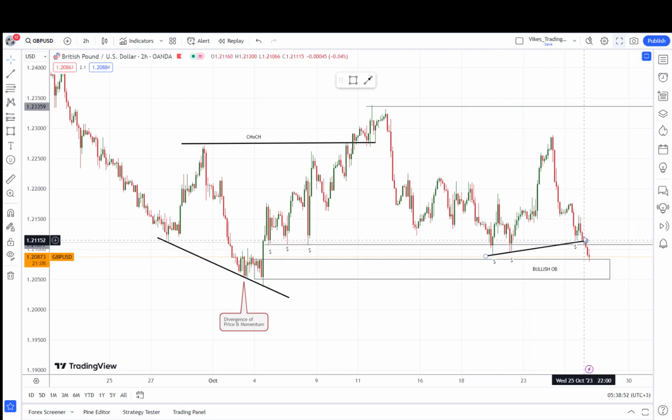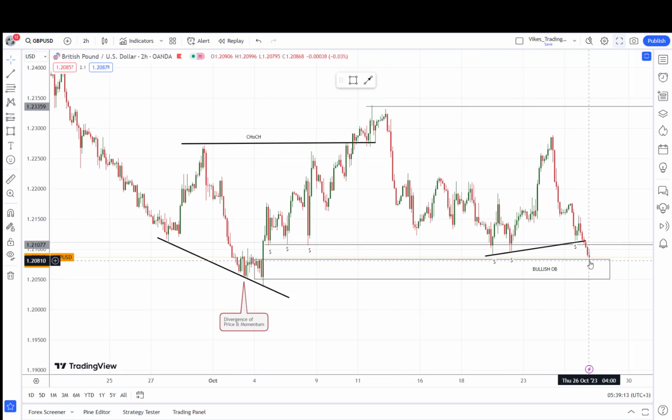We can see now that price has pushed below this trend line, sweeping that liquidity. It has pushed below these lows, and it has pierced the bullish OB that I was interested in. So this will be a pair that I'll be looking to scale into today.